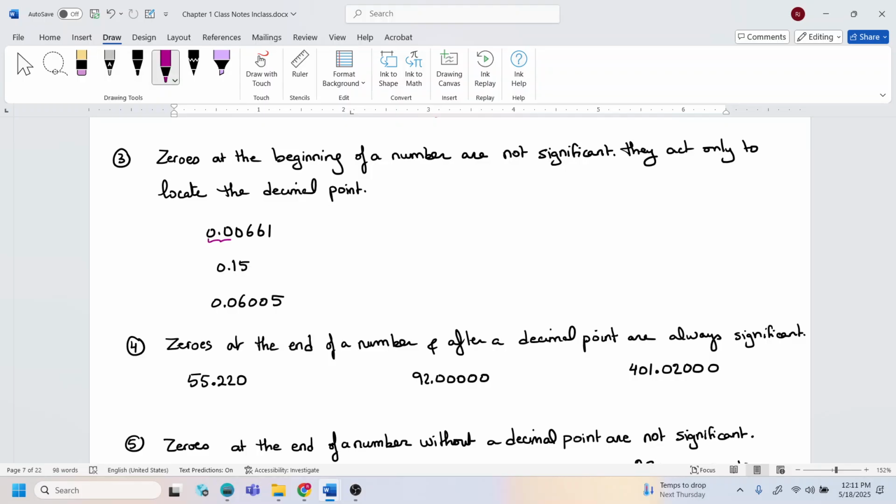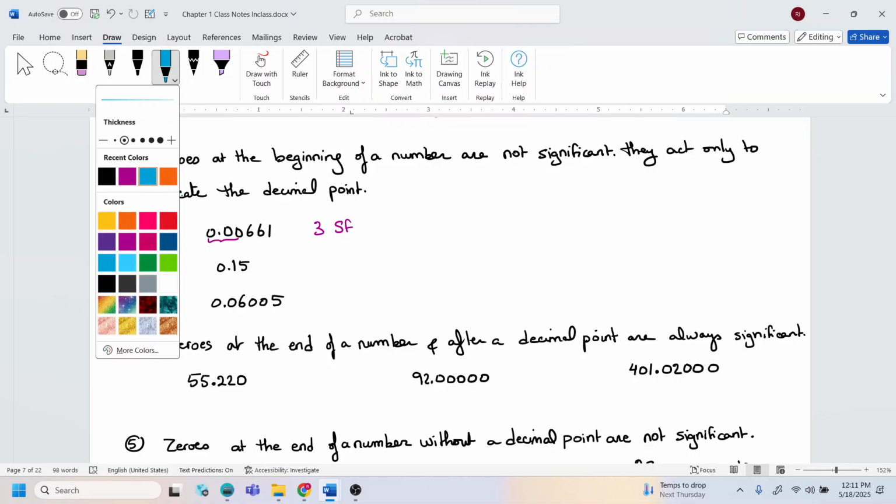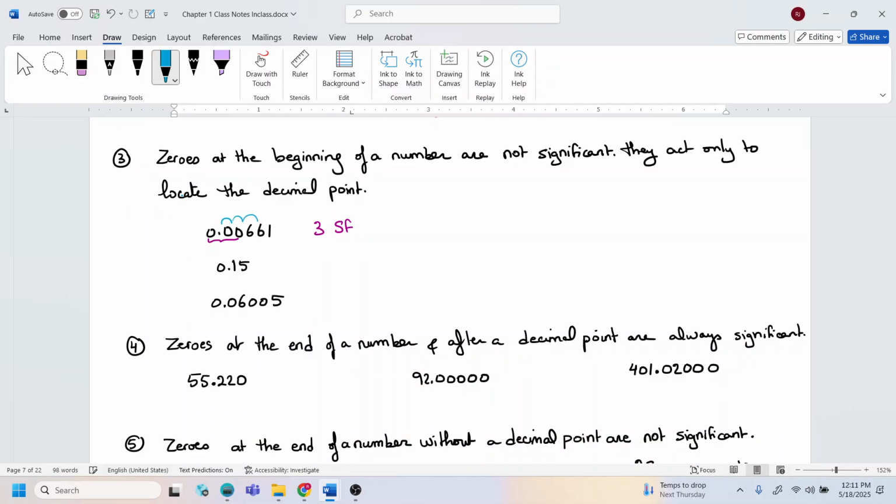So all of these are not significant, so the total number of significant figures here is three. If I want to change this into a scientific notation, let's move the decimal point to the first non-zero digit. It's going to be 6.61 times 10 to the, since my number is less than 1, the exponent is going to be negative, and I moved it three digits.